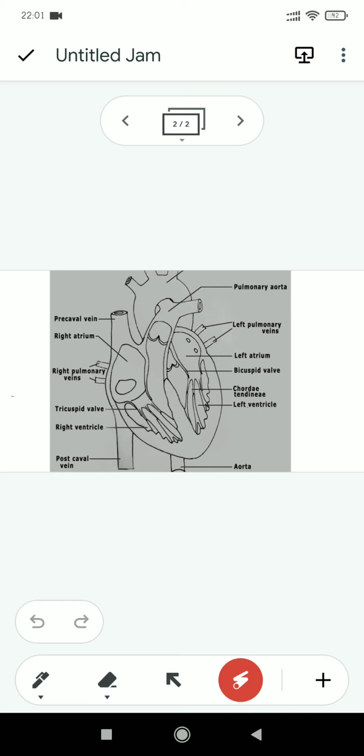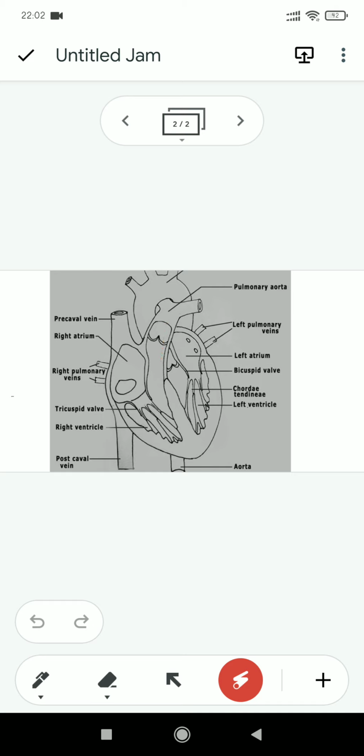During systole of the right ventricle, the pulmonary semilunar valve, which is this one, opens up. Why is it semilunar? Because you can see it has a crescent shape, a half-moon shape. So it is known as the pulmonary semilunar valve, and the blood enters through it and is divided into two parts of the lung.